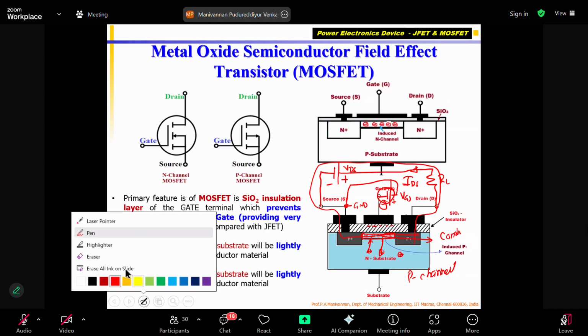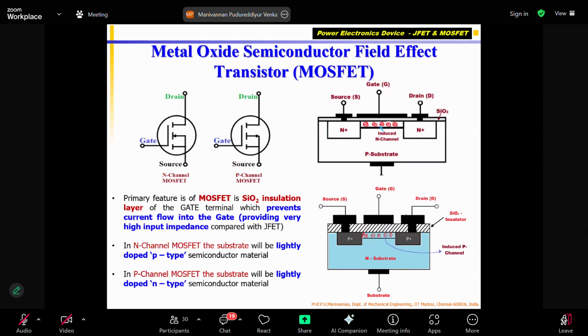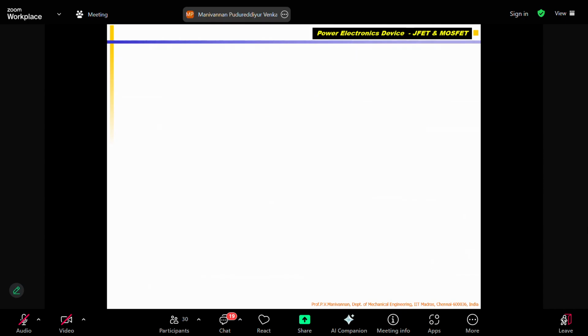So you can see here, this is the conducting channel made of holes from the N substrate. So there are two types working. Now you understood there are two types of MOSFETs. One is called N channel, the other one is called P channel.